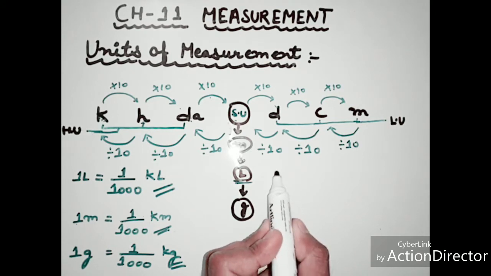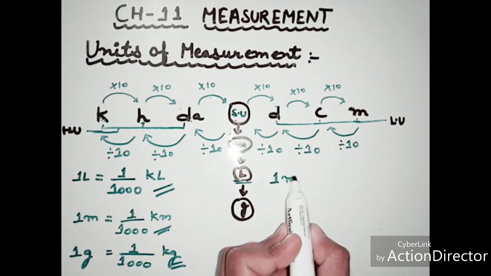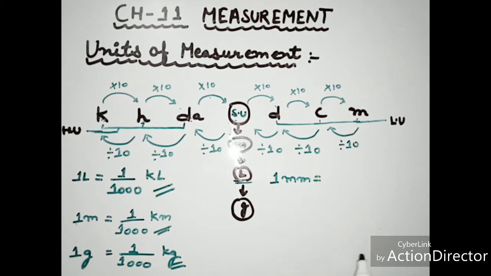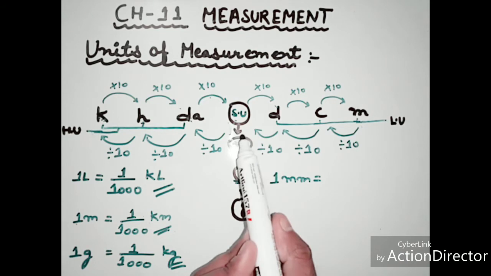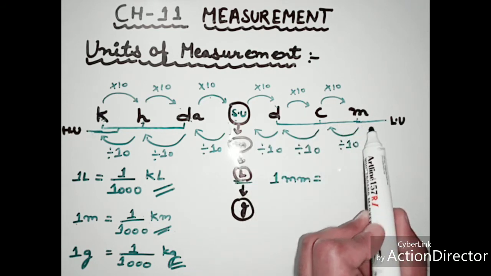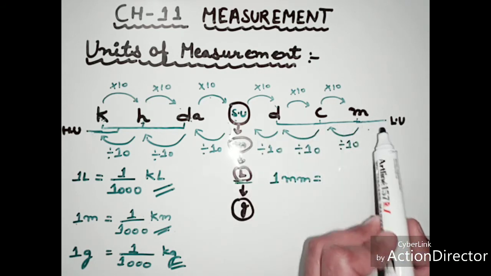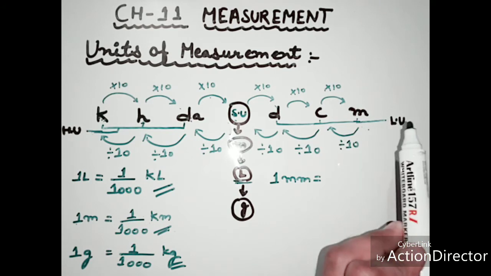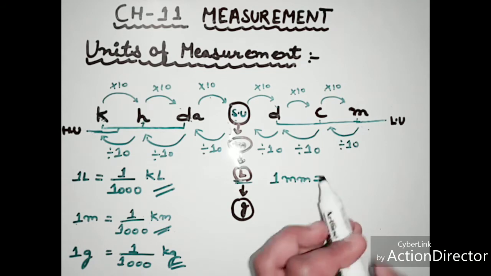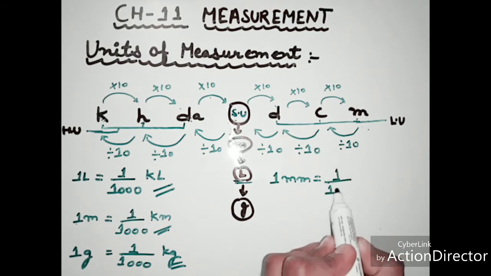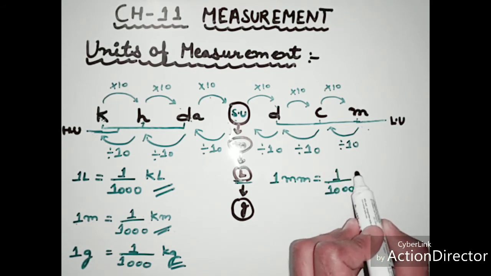how many meters in 1 millimeter? So here we move lower to higher unit, millimeter to meter. And how many place we move from right to left? 1, 2, 3. So here we write 1 upon 1000 meter.